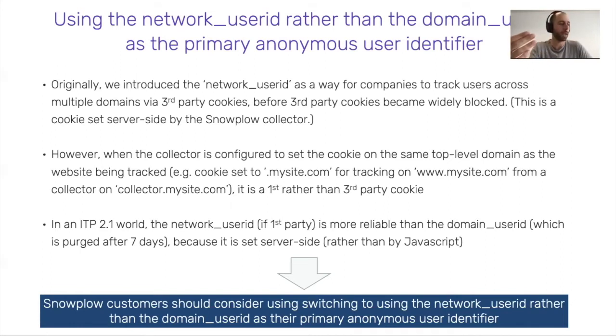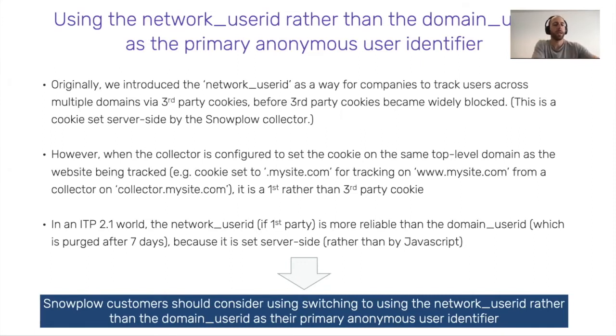We introduced it in a different world, where it wasn't very common for users to block third-party cookies. Since then, as more and more users have blocked third-party cookies, the network user ID has been used by fewer and fewer of our users, and more of them have come to rely on the domain user ID as the primary way of identifying anonymous users on their website.